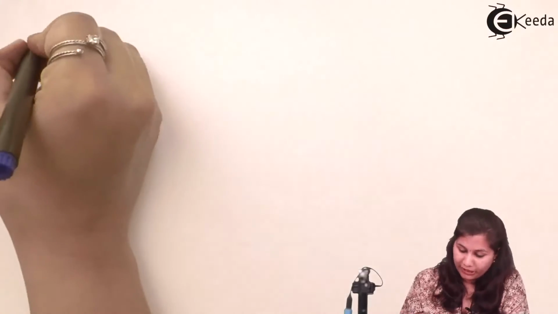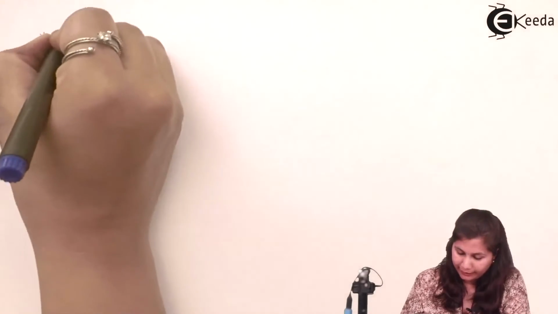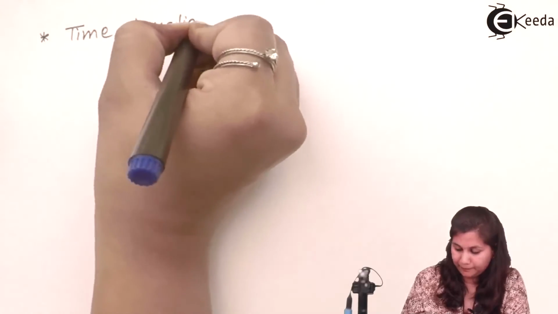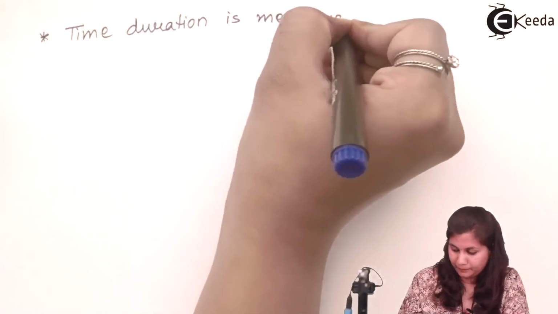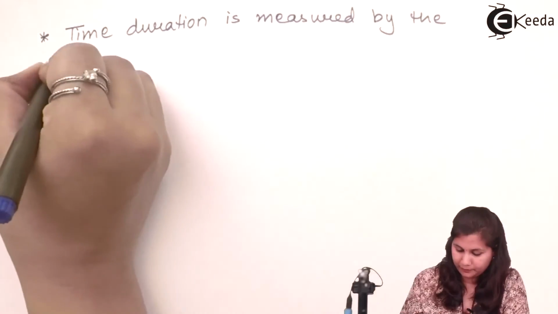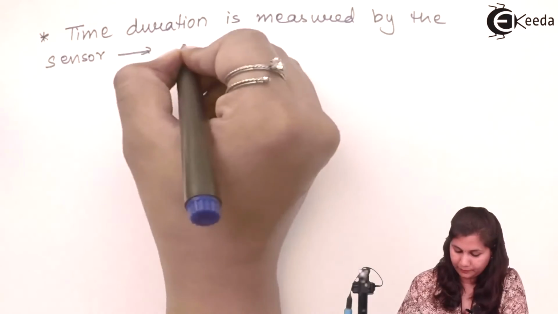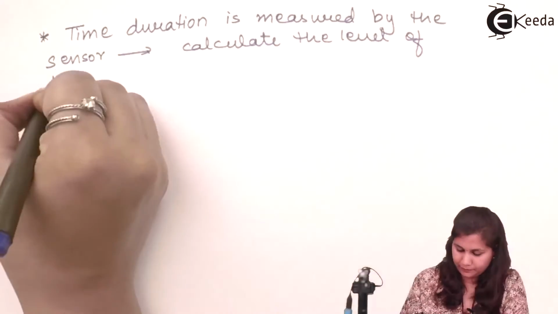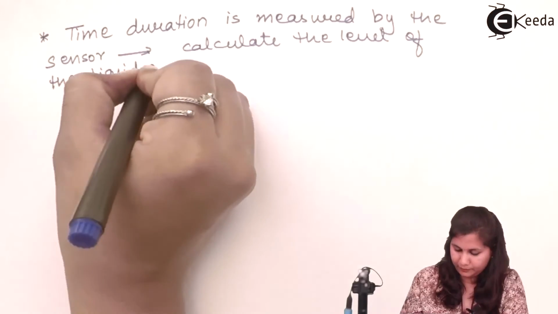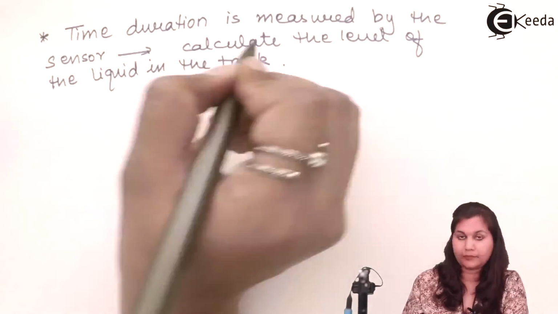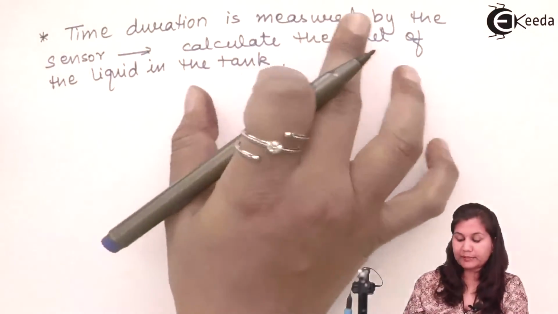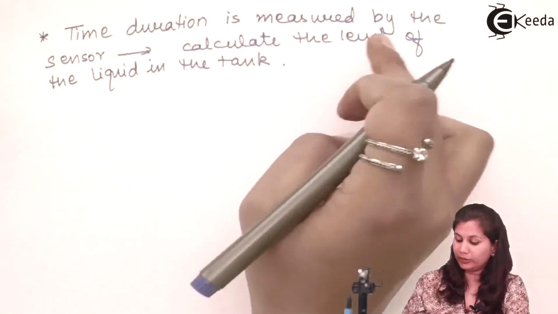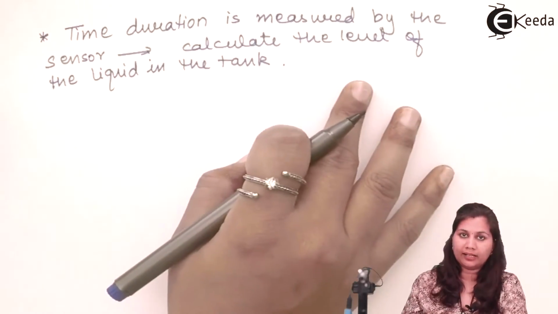So we can say that the time duration is measured by the sensor, which in turn is used to calculate the level of the liquid in the tank.